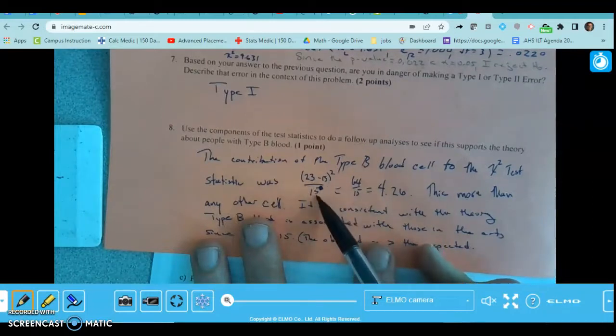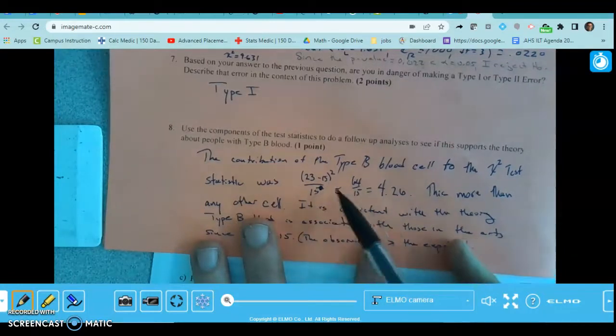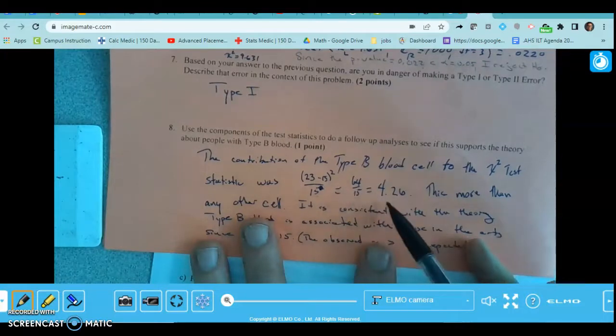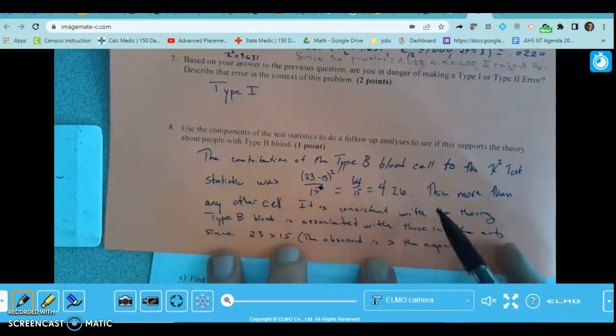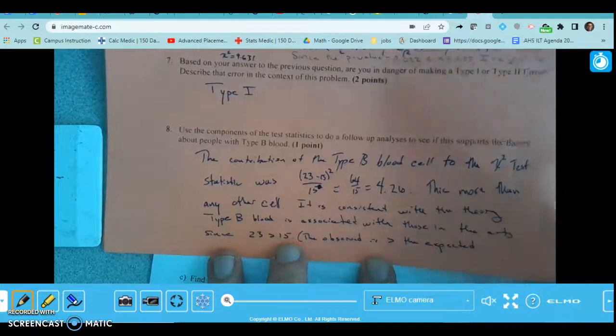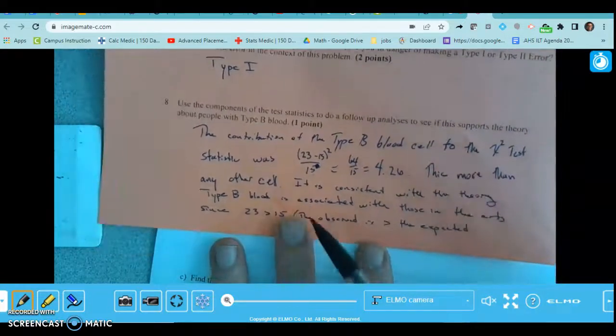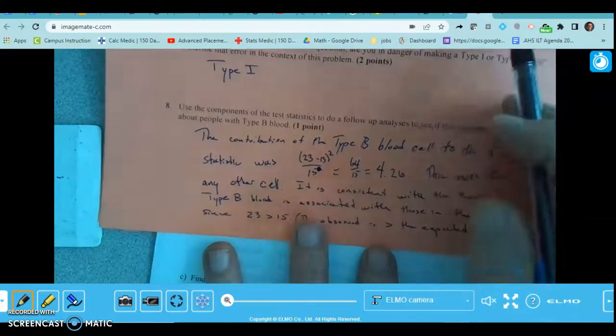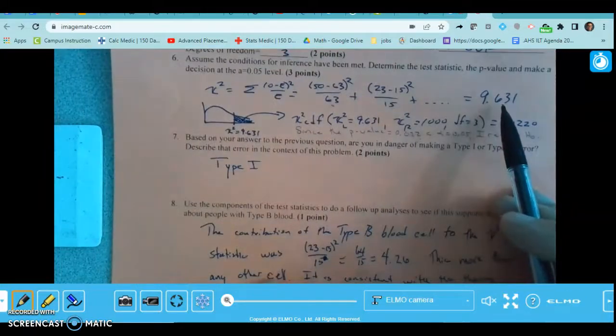So that'd be 64 over 15. 8 squared over 15 gives us 4.26. 4.26 is the largest contributor of any one of the blood types to this 9.63 that we have right here.